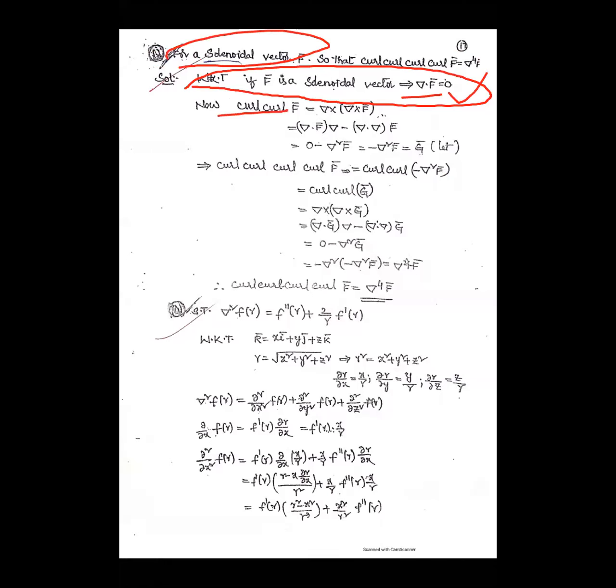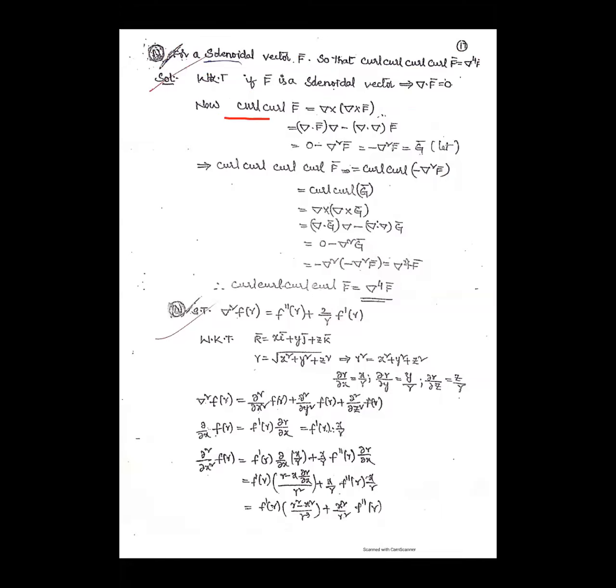So first we find curl of curl f, then we find the remaining curl of curl. First taking curl of curl f. Symbolically, curl means del cross, and again curl means del cross applied to a vector f bar.